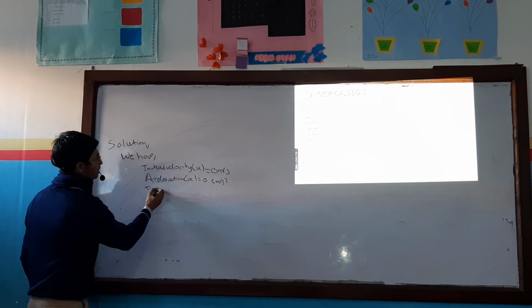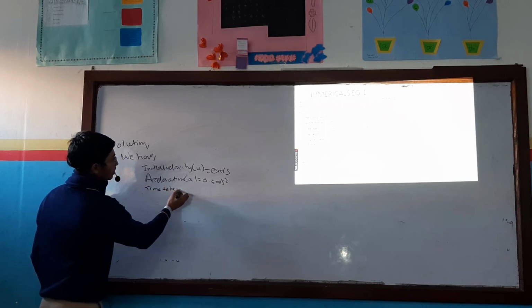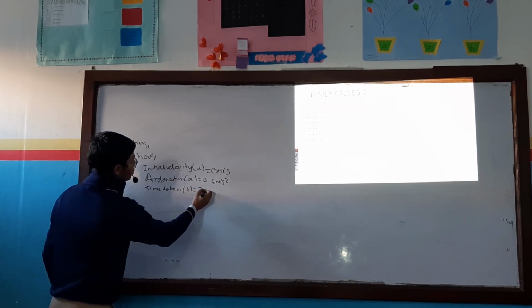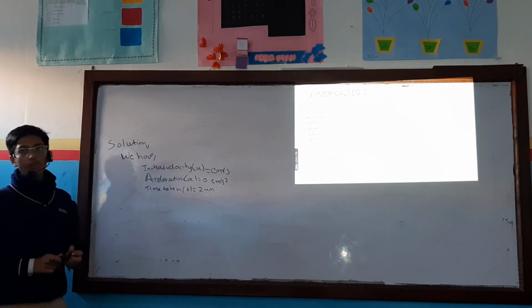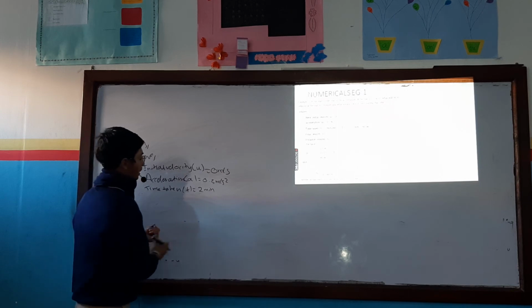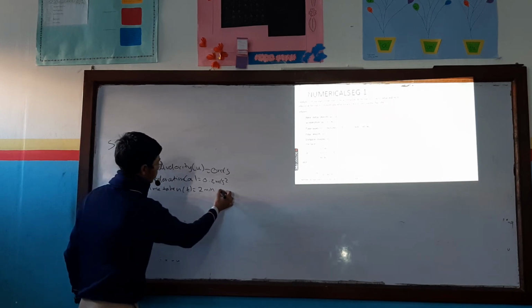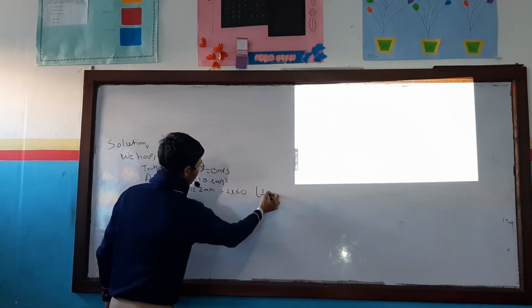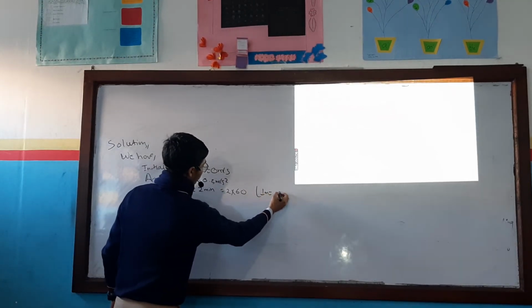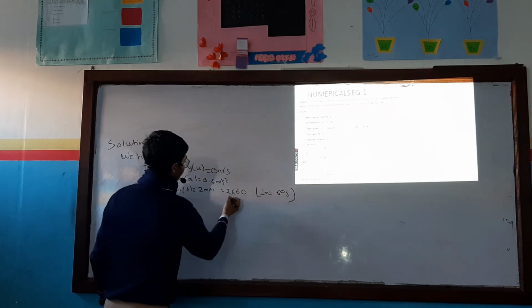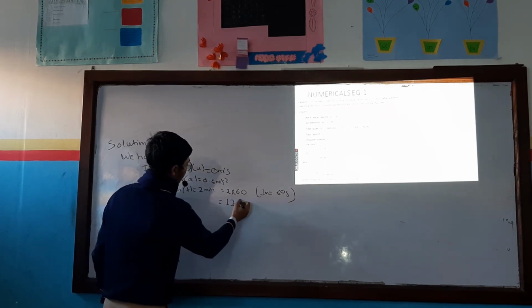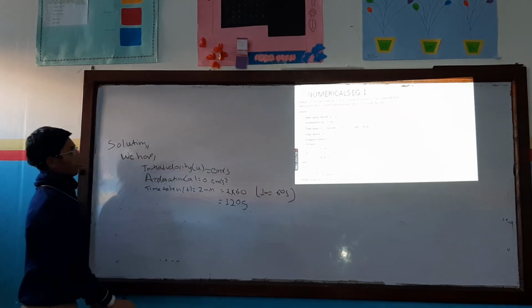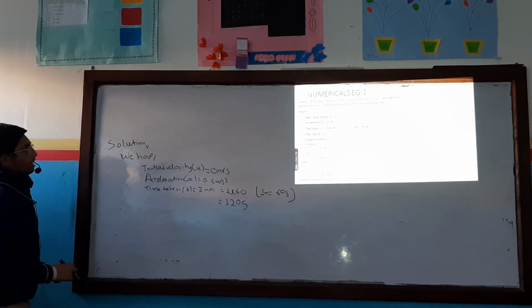Likewise, time taken t is equal to 2 minutes. If there is minute or kilometer, then we have to convert them into meter and second, like 2 minutes is equal to 2 into 60. 1 minute is equal to 60 seconds. Then it's 120 seconds. Now we don't know the final velocity and the distance covered.